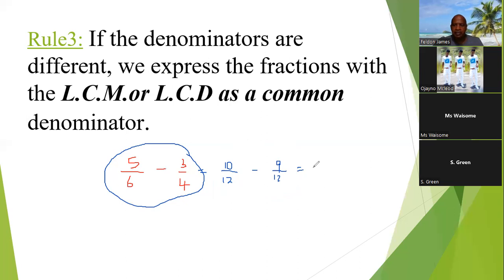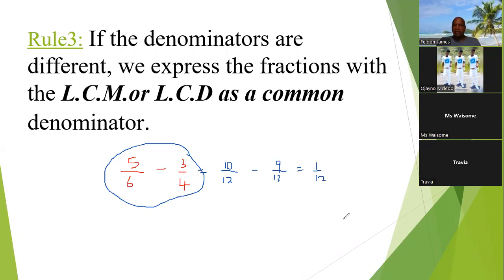9 from 10, students? 9 from 10, you get what? 1, sir. So you have 1/12 remaining, right? So when we are subtracting fractions, or when we are adding fractions, we have to make the denominators the same.